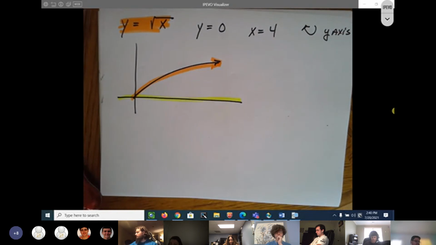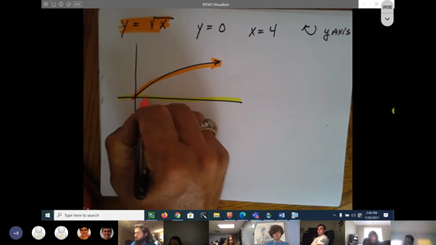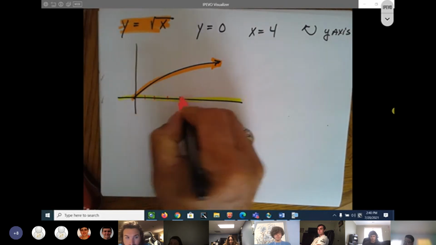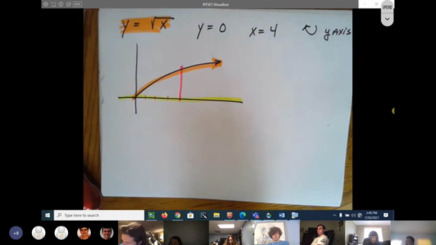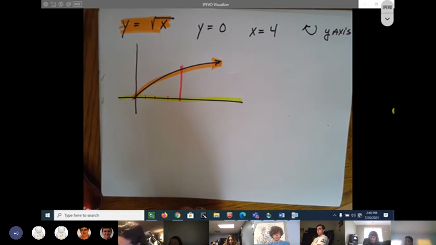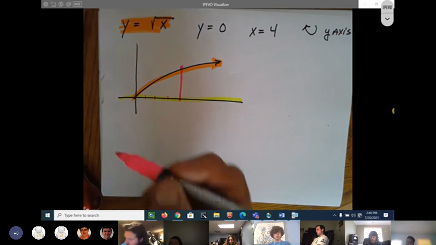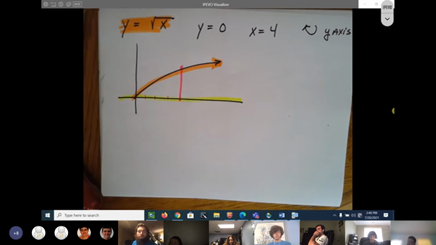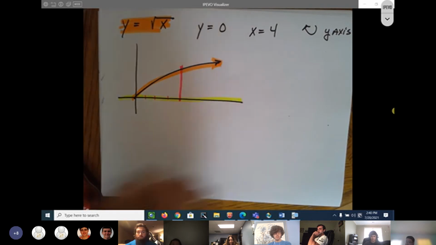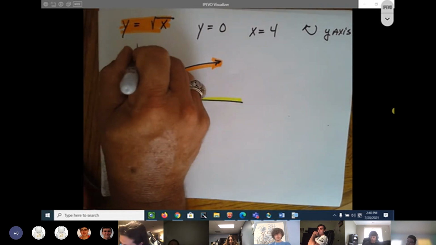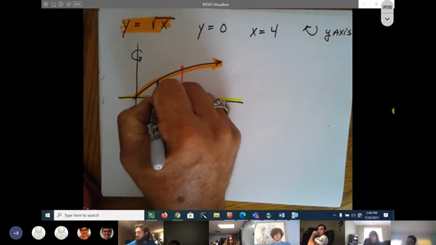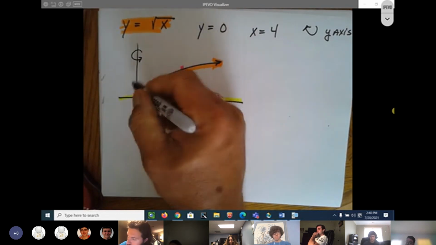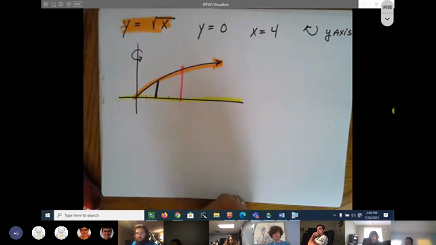And x is equal to 4. So that means it's going around the y-axis. That means that your dojigger here is parallel with this axis. So that means you're doing a shell.